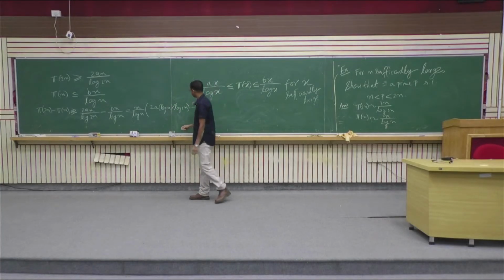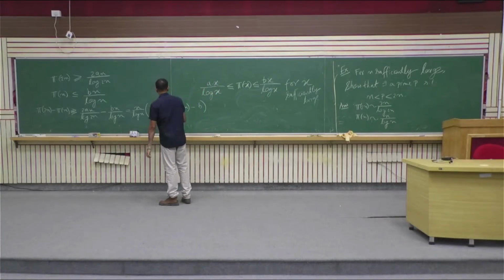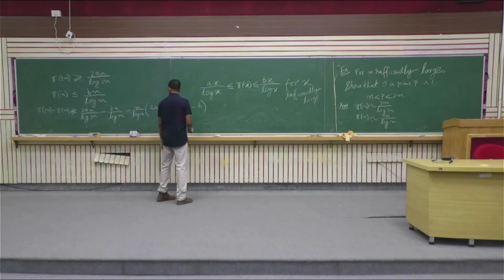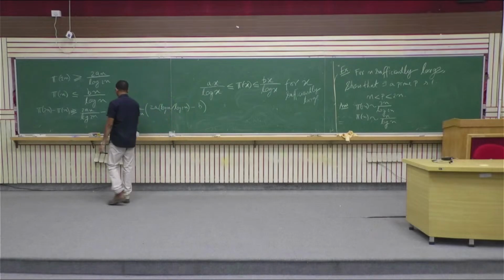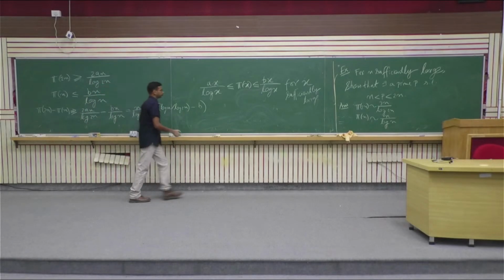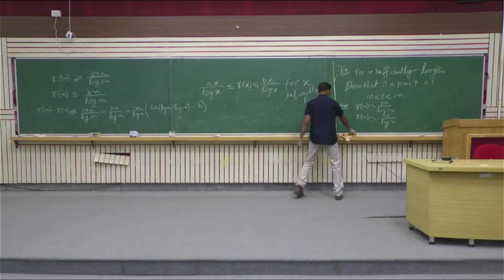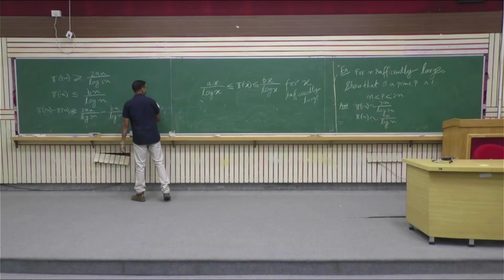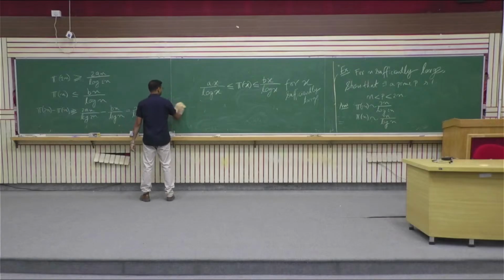That's what you were getting. And then this one is just log n by log n plus log 2n. Possibly we'll take log 2n out, that will make life easier, and everything will be clubbed towards b then.